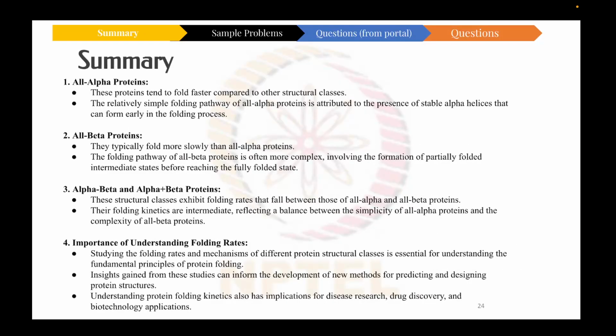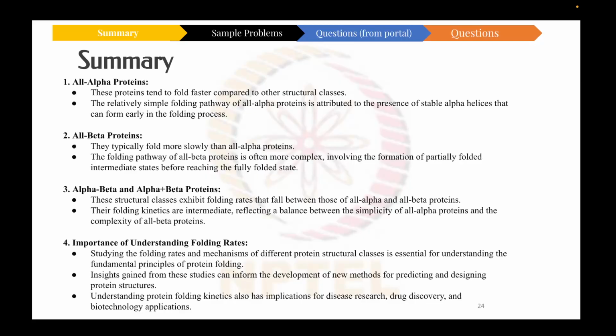Protein folding rates can vary significantly among different protein structural classes. So we have structural classes as discussed in the last class: all alpha proteins, all beta proteins, alpha/beta and alpha plus beta proteins.